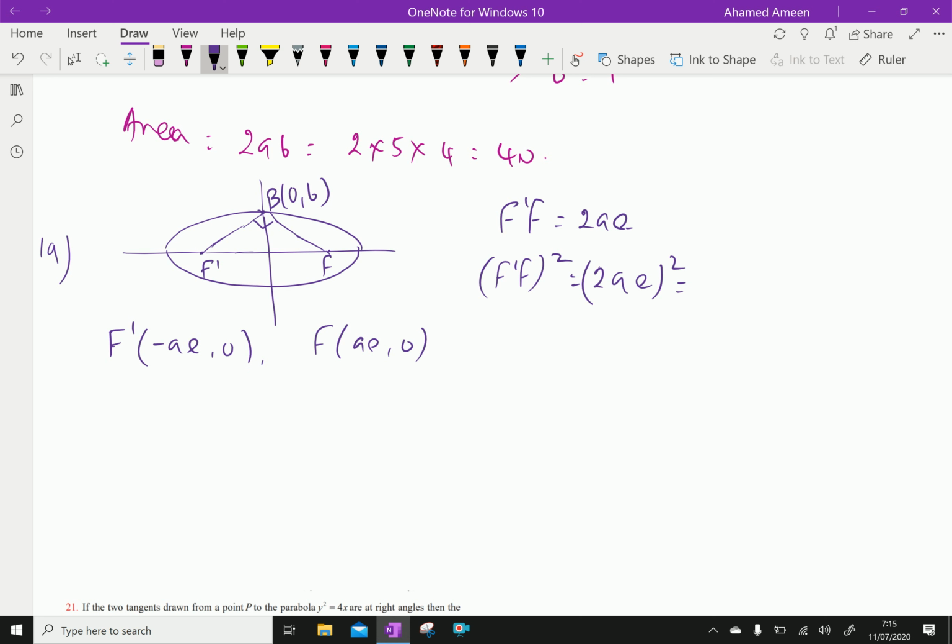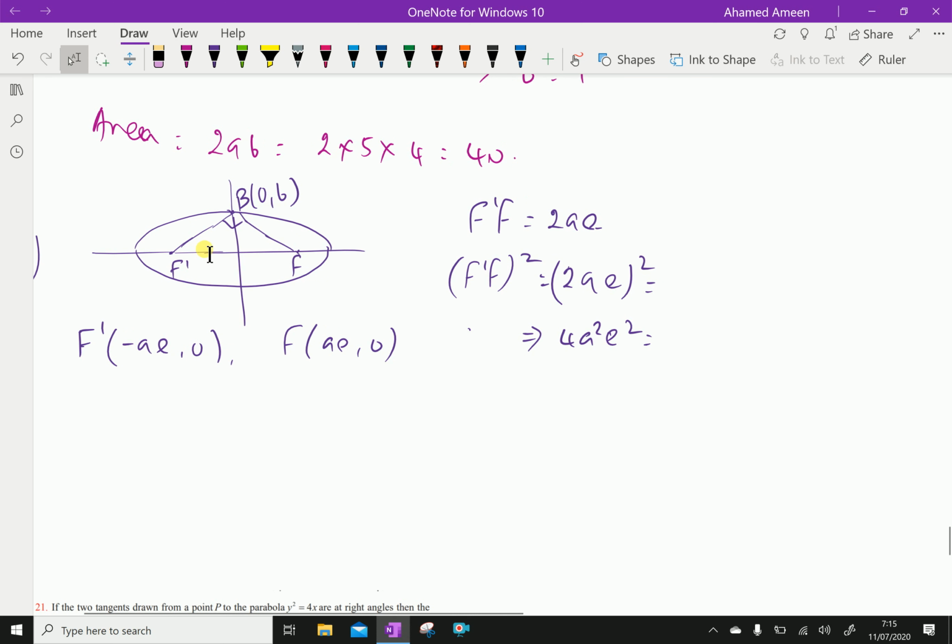So from that we can do 2AE whole square is 4A squared E squared, because it's a right angle, so the sum of the squares of BF squared plus BF dash squared.